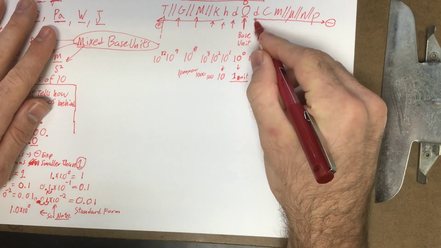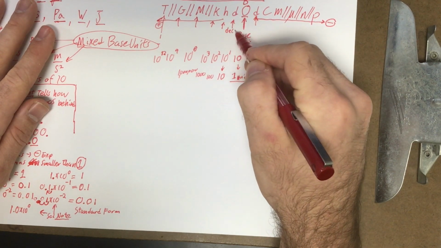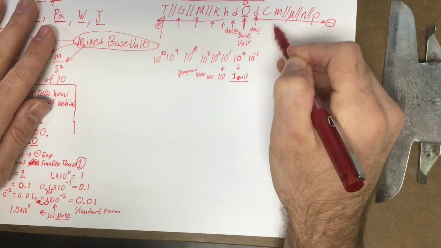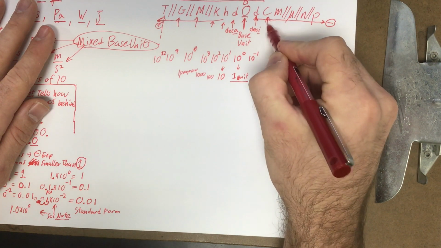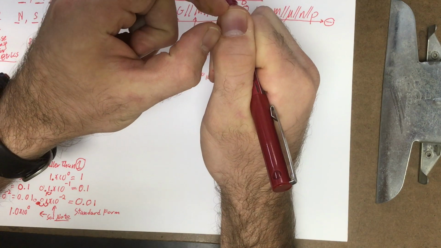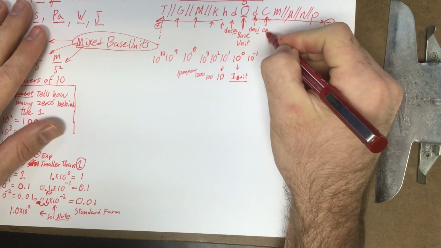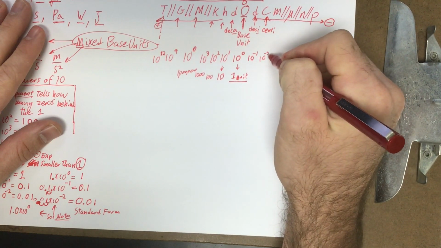So this is deci, this was deca, this is deci with an I. This is our nice familiar centimeter. That's about the length of your thumbnail. Okay, centi. Okay, centimeter is 10 to the negative 2.